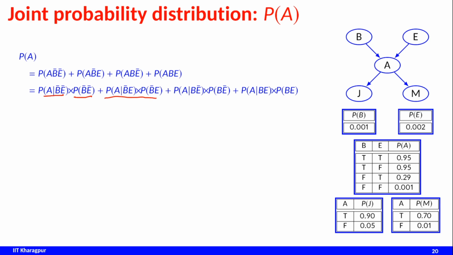Now the interesting thing is that this value I will get from the conditional probability table, and these two events B and E are independent, so I can use the independence rule and find out probability of B and E. It will be just multiplication of P of B times P of E. So we can exploit the conditional probability table, and by looking into the diagram we know which is independent of what, and we can find out the actual probability.